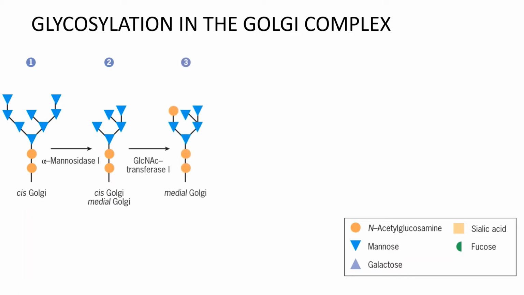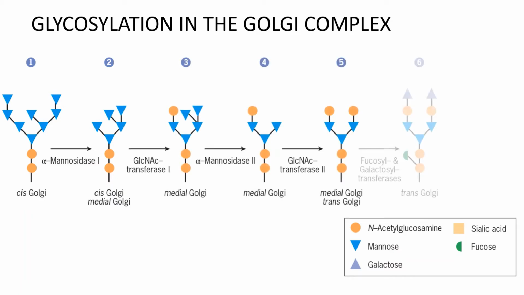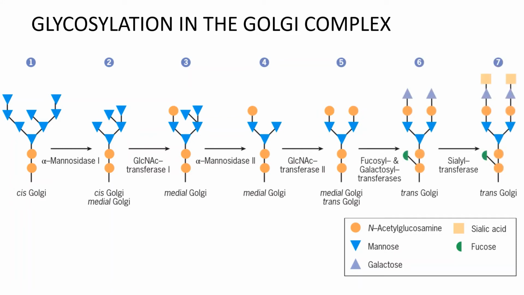Now, in the Golgi complex, as we see here, we're not going to be detailing this anymore. There are also some changes. Remember, our protein left the ER with all of the glucose removed, and we only have here the mannoses, the blue triangles left. That's step number 1. Then there are other enzymes here in the Golgi apparatus.